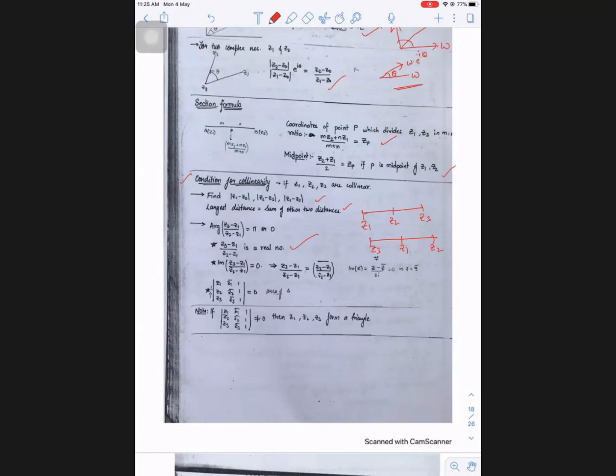Either in terms of modulus, largest distance equal to sum of other two distances; in terms of argument, argument of (Z3 minus Z1) by (Z2 minus Z1) is 0 or pi; or one more thing is (Z3 minus Z1) by (Z2 minus Z1) is real number.